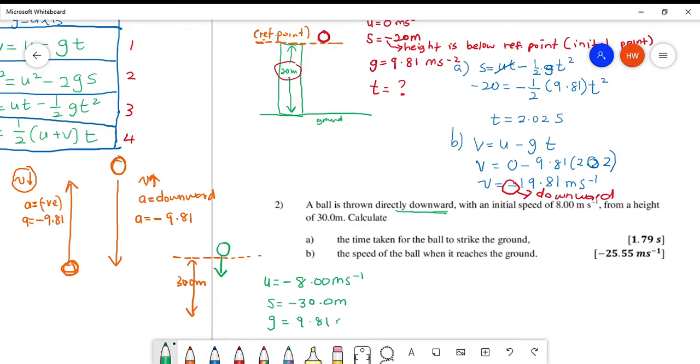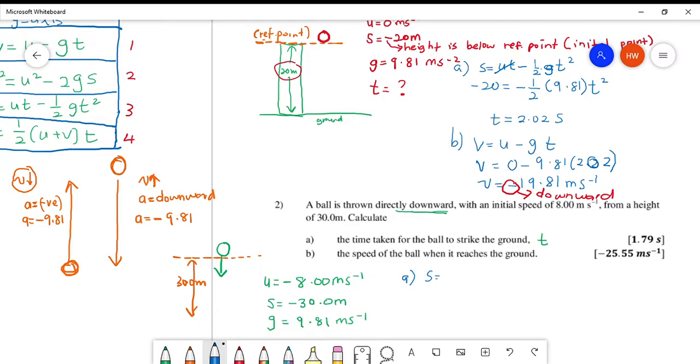And then, again, we have to put down these values supaya awak tak confuse. 9.81, sentiasa 9.81. Calculate the time taken for the ball to strike the ground. So, dia nak cari T. So, which equation should we use? Yes, number 3. So it's the same as the number 1 tadi.